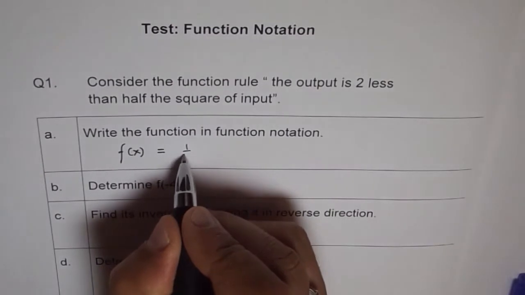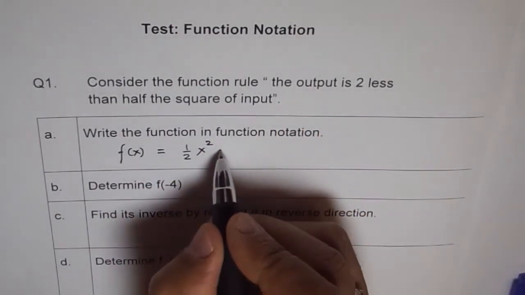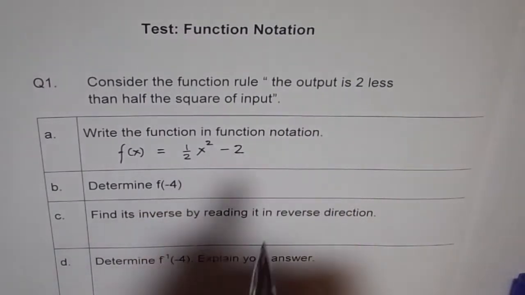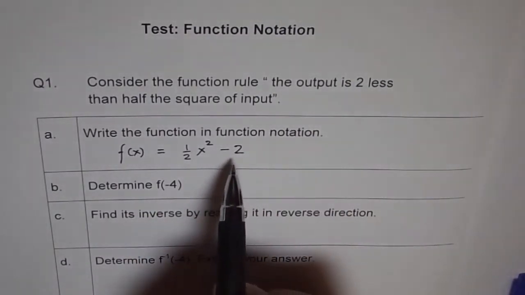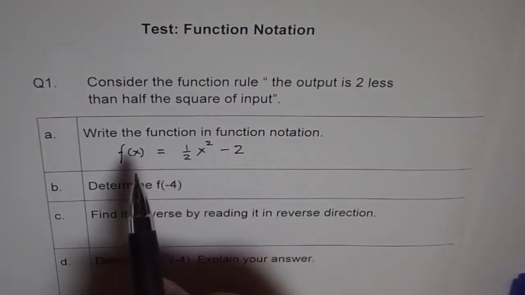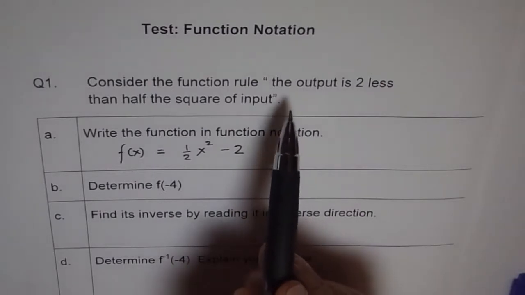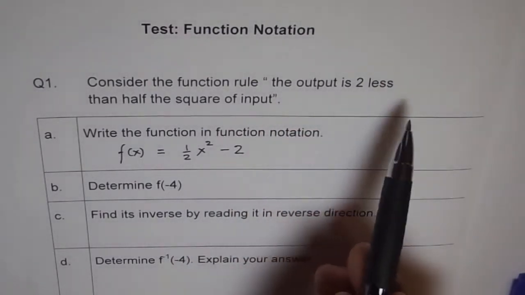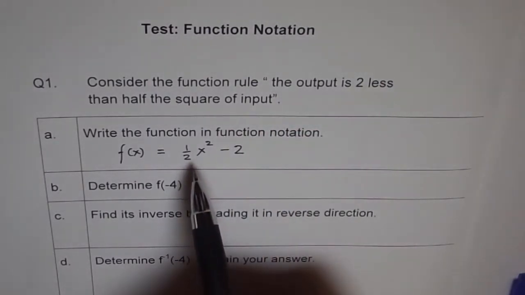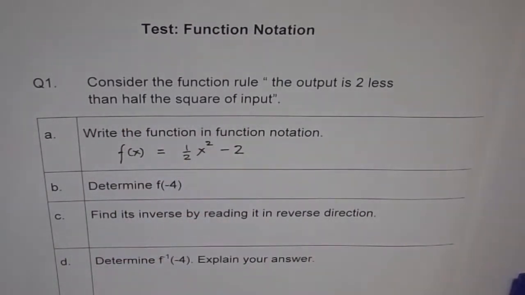So half the square of input, and 2 should come later. At times I have seen a mistake here. Students will write 2 minus this, which becomes 2 take away that. When we say output is 2 less than what, that should come first. Less than half the square of input. That is how it is, right?